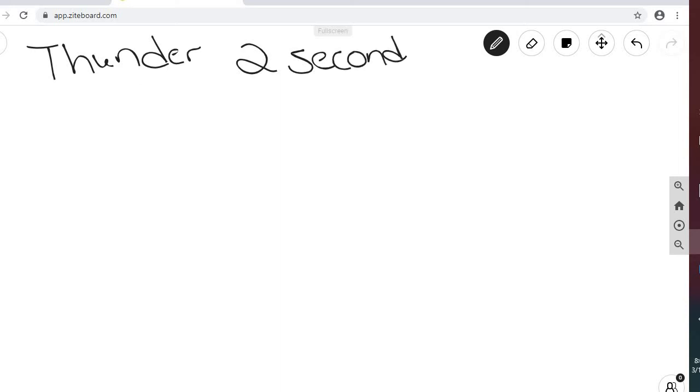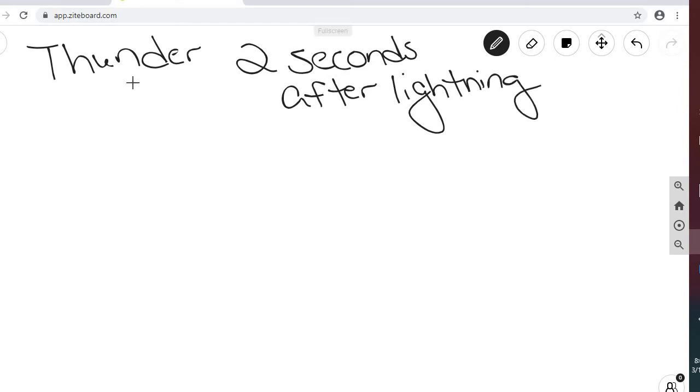So for example, let's say that you see a flash of lightning and then the thunder occurs 2 seconds later. And we'd like to know how far away the lightning was.